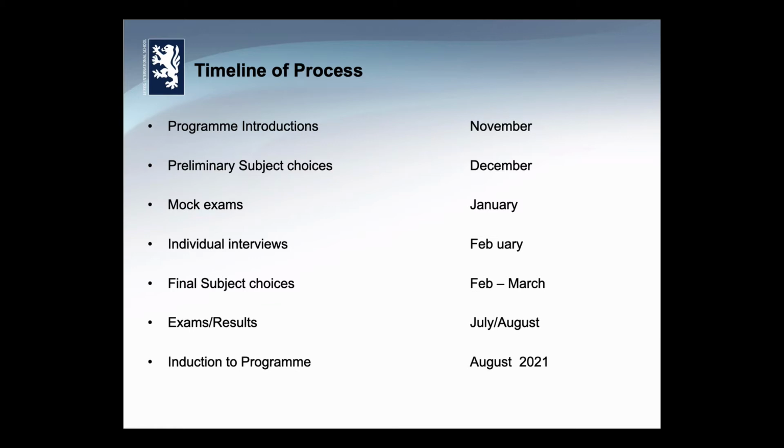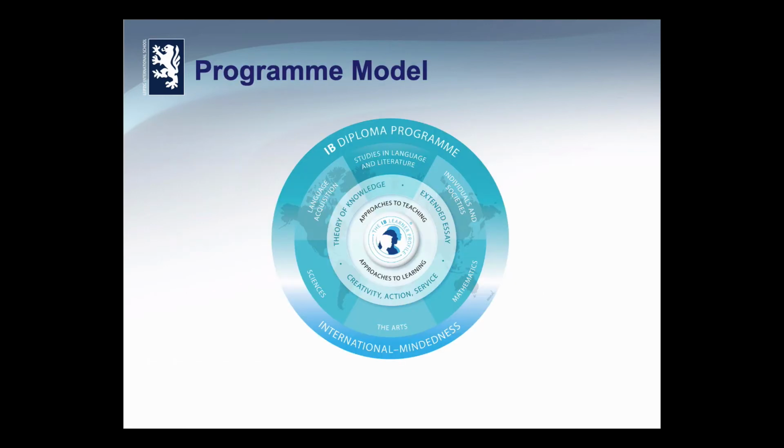So this is the programme model for the diploma. And you can see that at the centre is the student or the learner, and the concentric circles that surround the student are detailed in those circles on the model. So we start with the approaches to teaching and learning, and the diploma programme focuses very much on independent and inquiry-based learning.